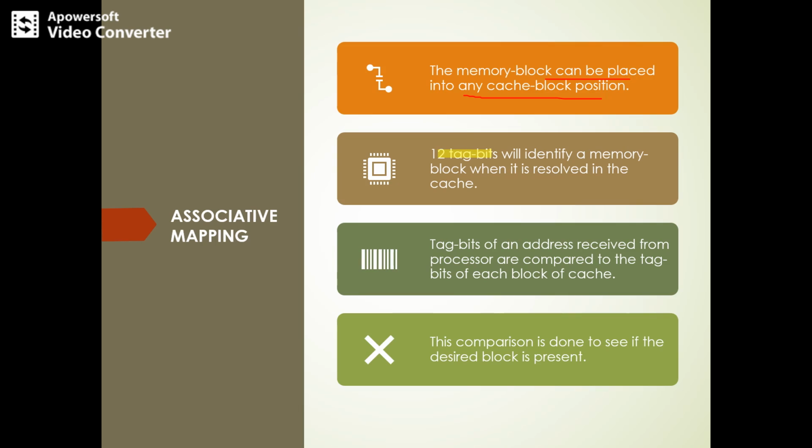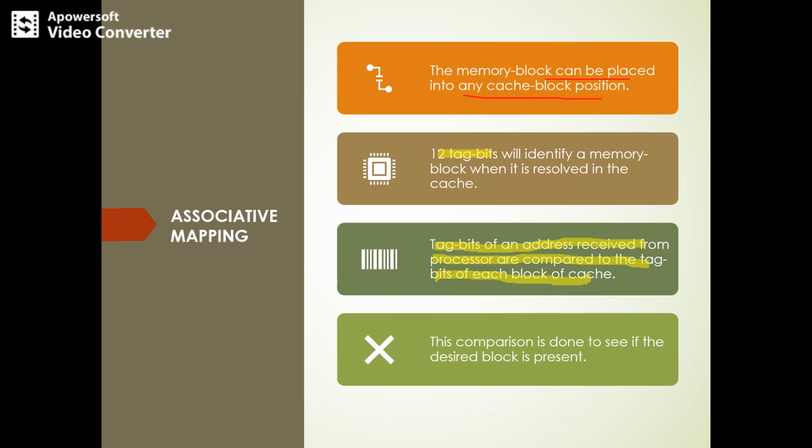These tag bits identify a memory block when it is resident in the cache. The tag bits of an address received from the processor are compared to the tag bits of each block of the cache. So how to compare? Initially, for the respective blocks we assign the tag bits. Then the tag bits of an address received from the processor are compared to the tag bits of each block of the cache.